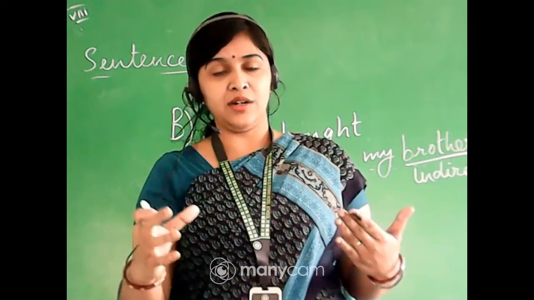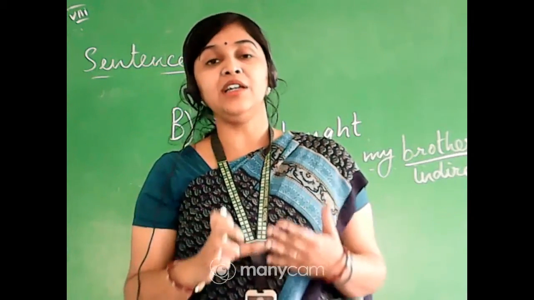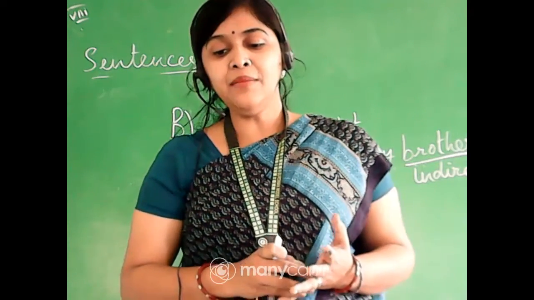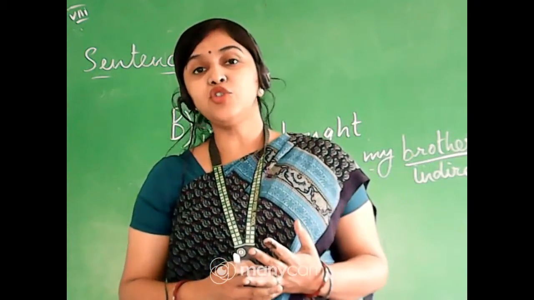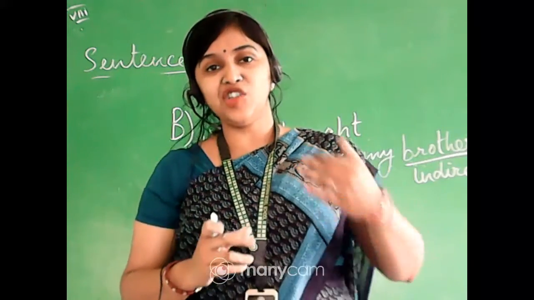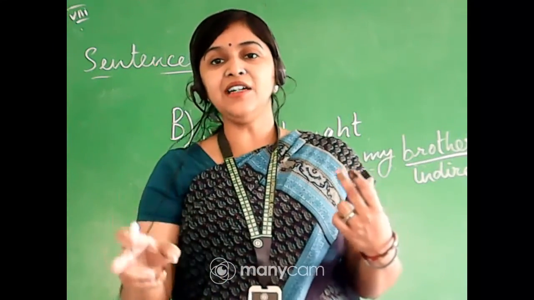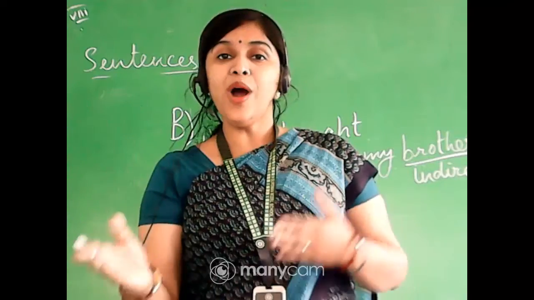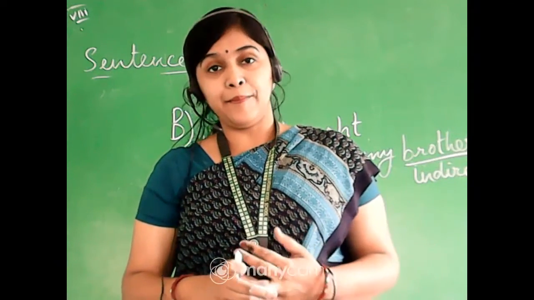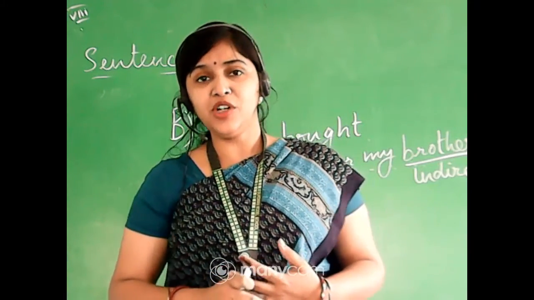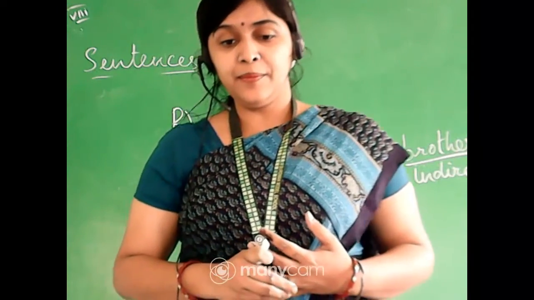Telling what? Telling story, okay? The teacher told them a story. So the teacher's action of telling is directed on the story, and who are listening to it? Them. So the direct object is story.